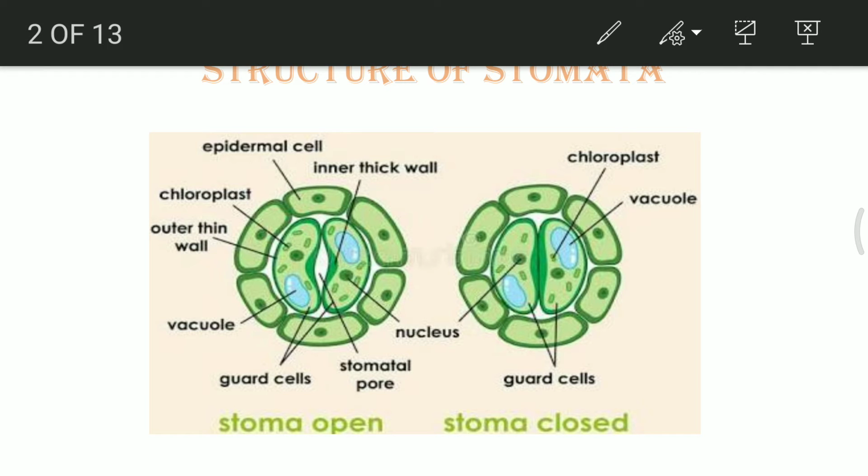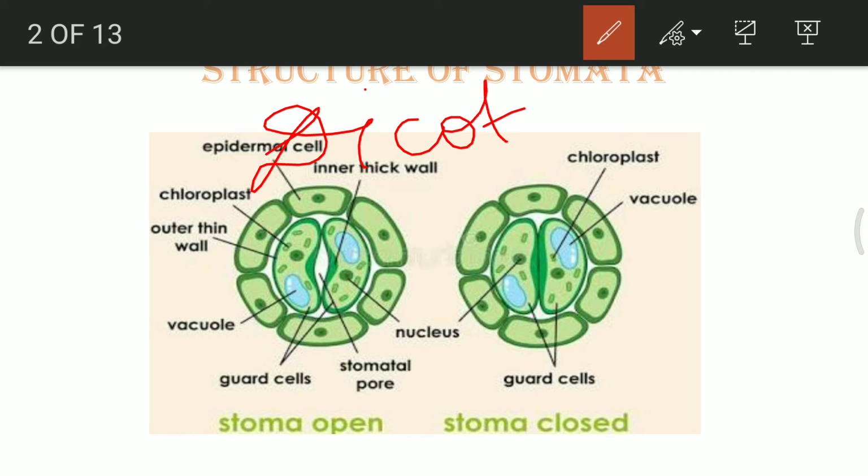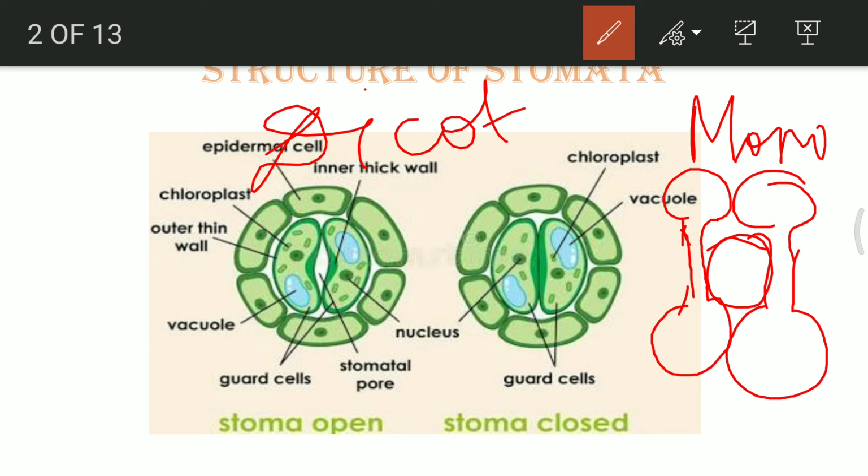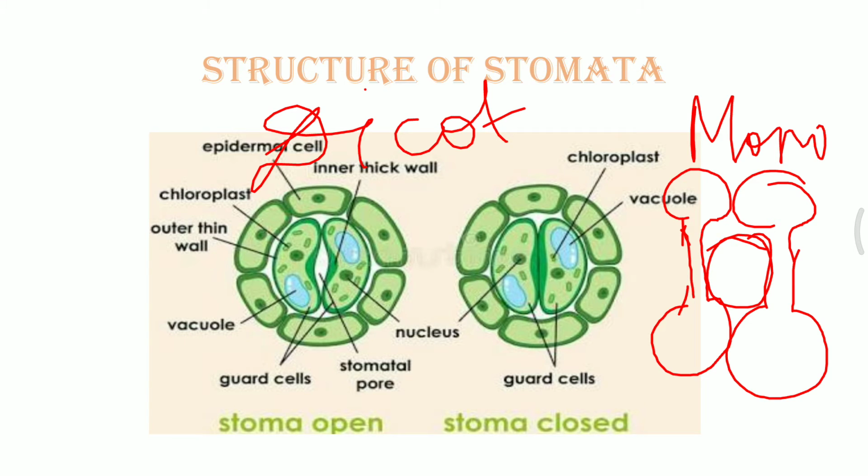So, the same structure, if in case of dicot, it is looking like this, but in case of monocot, the kidney shaped structures will be changed to dumbbell shaped structures. So the pore will be this area. I have discussed monocot as well as dicot plants.